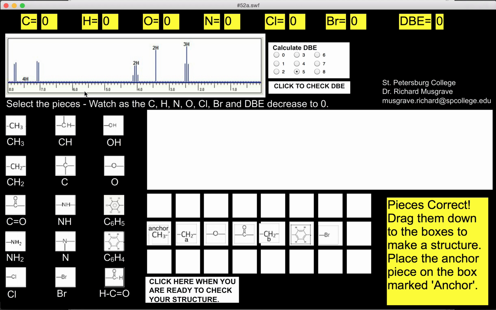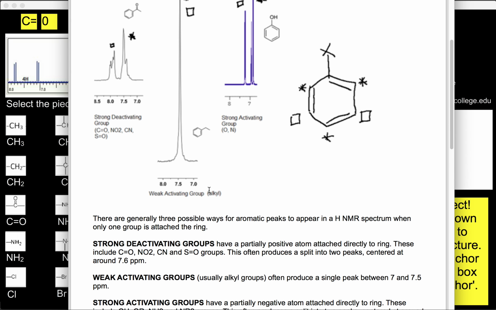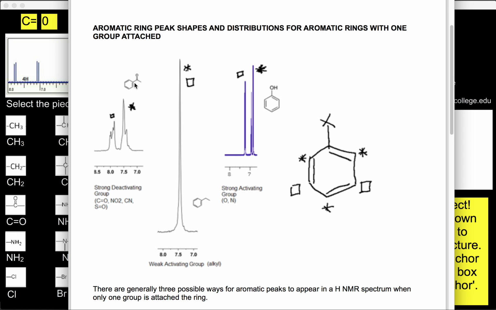Well, the story is kind of told by what's going on here in the aromatic region. Now while I know these examples I'm showing you here have to do with a singly substituted aromatic ring, the same thing applies to disubstituted aromatic rings. When you've got a C double bond O attached to the aromatic ring, you'll notice that it splits it into 2 peaks, and that those peaks are centered at around 7.5 ppm.